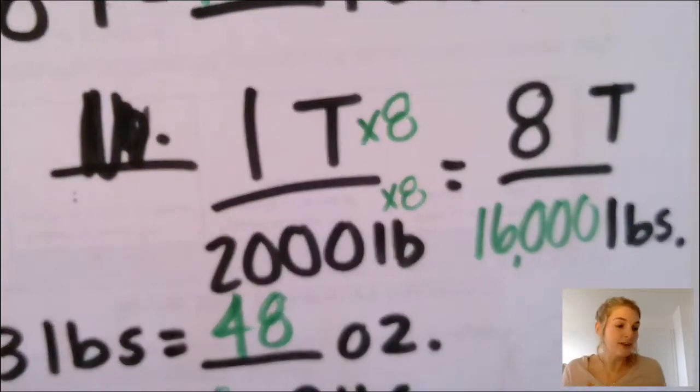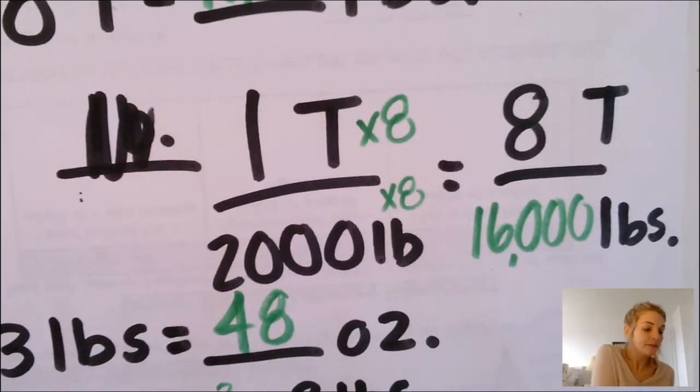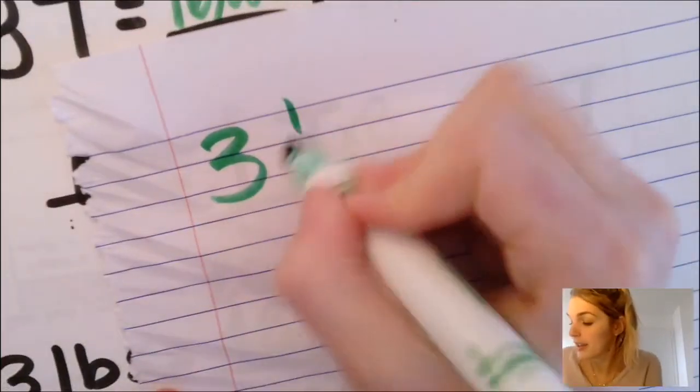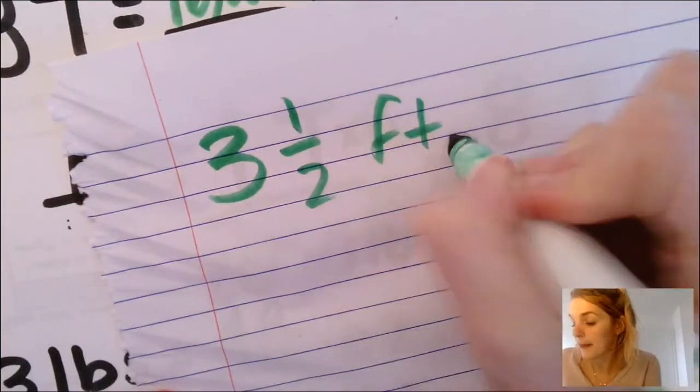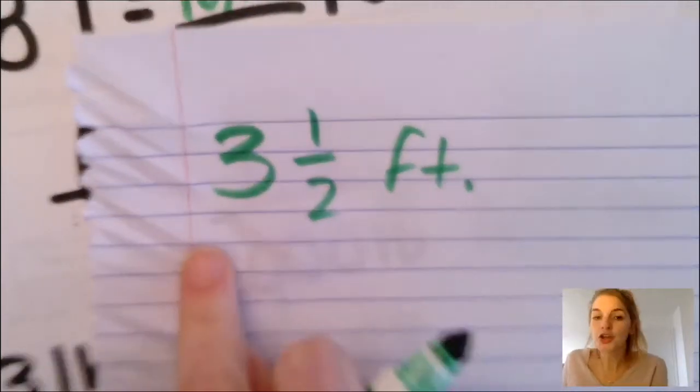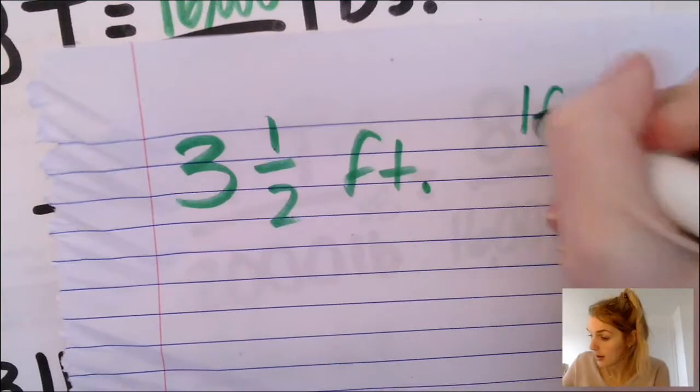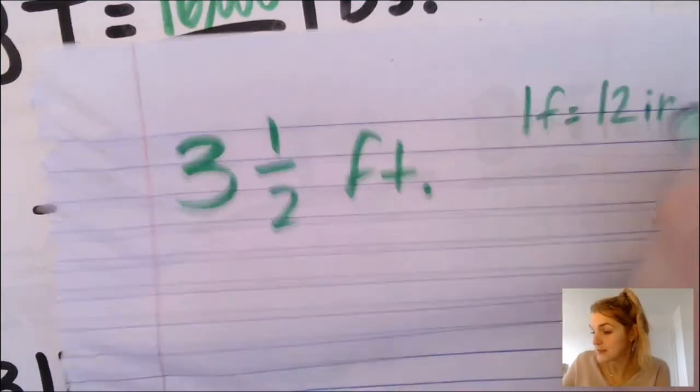Now, some of you guys had a really great question yesterday, wanting to know what the half meant. So yesterday you had a problem that talked about 3.5 feet. Well, you know that in 1 foot, there are 12 inches.